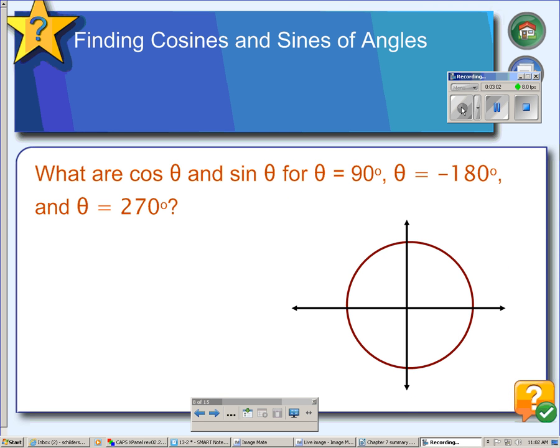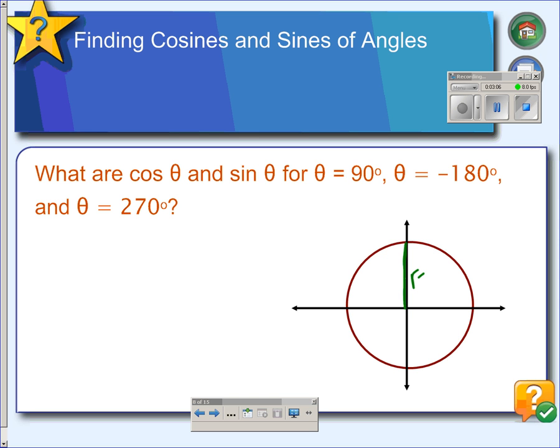So if we keep in mind that the radius here is 1, and that any coordinate on the edge of the circle can be found doing cosine theta for the x value and sine theta for the y value, we can determine some angles. So for a 90-degree angle, that would be the vertical angle that we have here.